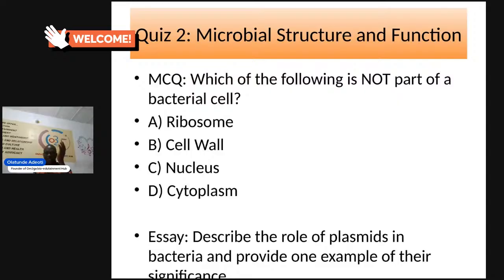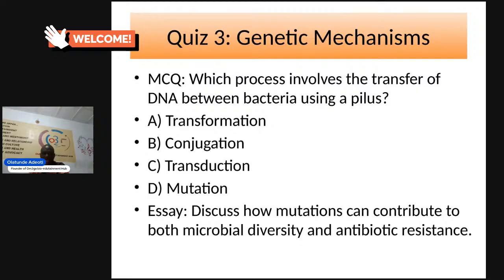Then quiz two, which is under microbial structure and function. Which of the following is not part of a bacterial cell? Is it ribosome, cell wall, nucleus, or cytoplasm? Then describe the role of plasmid in bacteria, and provide one example of their importance.